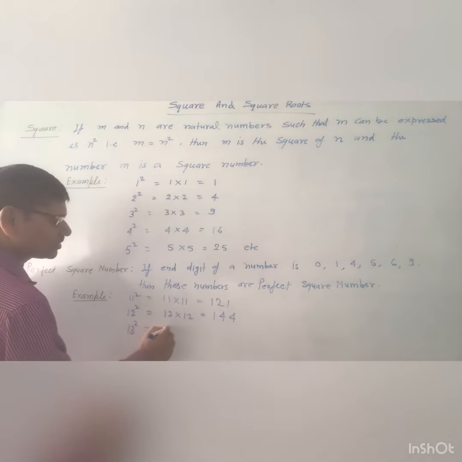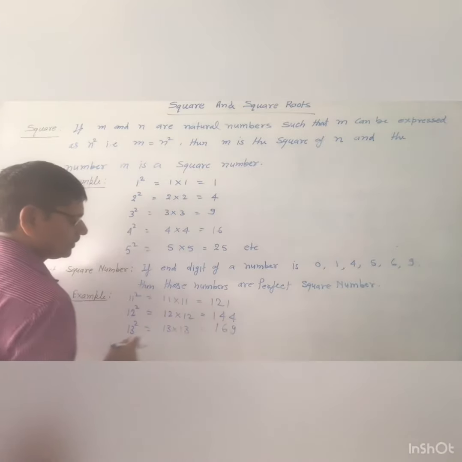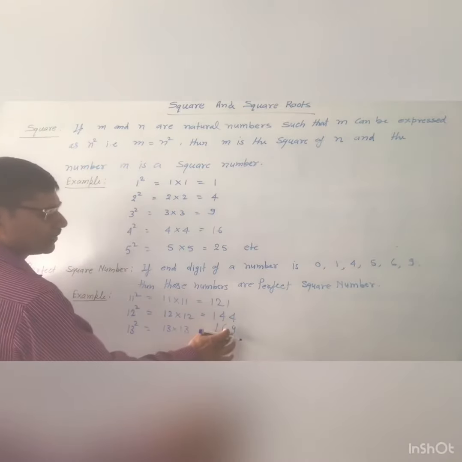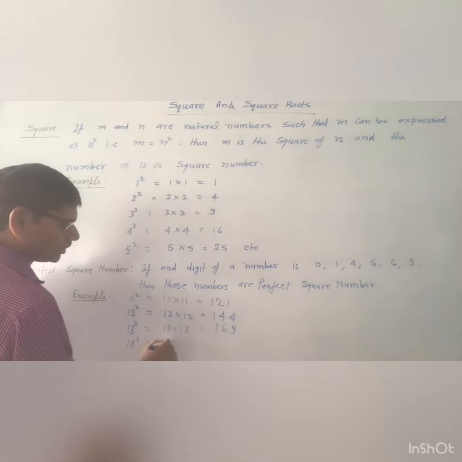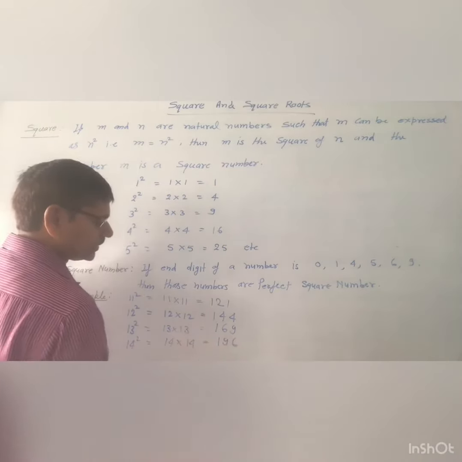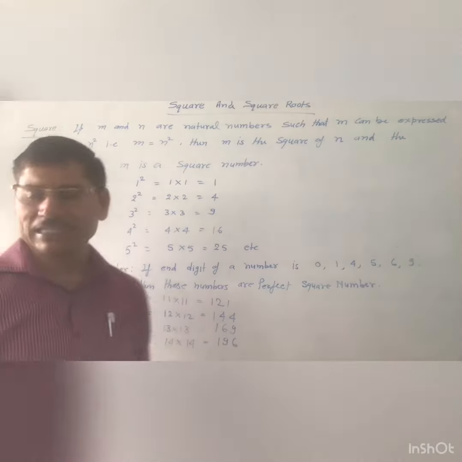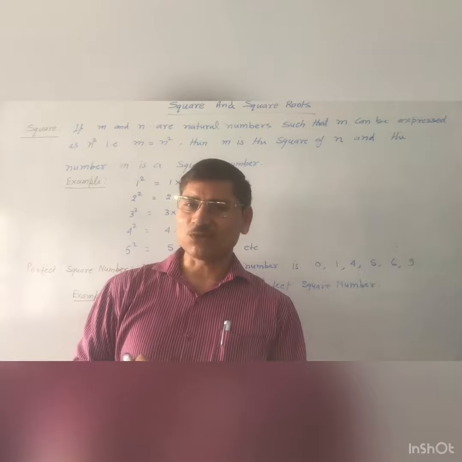13 square means 13 into 13, that is 169. So you know here end digit is 9, so this is a perfect square number. Now 14 square equal to 14 into 14, this gives you 196. So the end digit is 6. So this is a perfect square number.